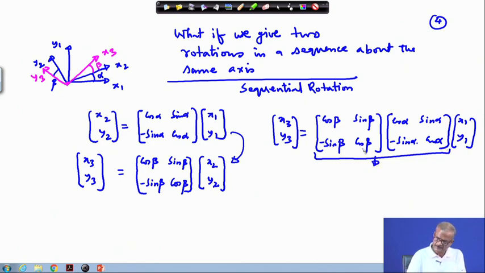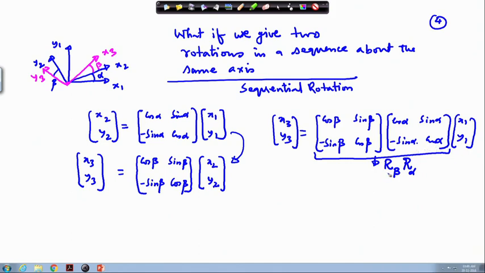Now, simplify this matrix. The first rotation we are giving by alpha, then by beta. So, first alpha comes and then beta comes. So, these are the rotation matrices which operate on this vector x 1 y 1.